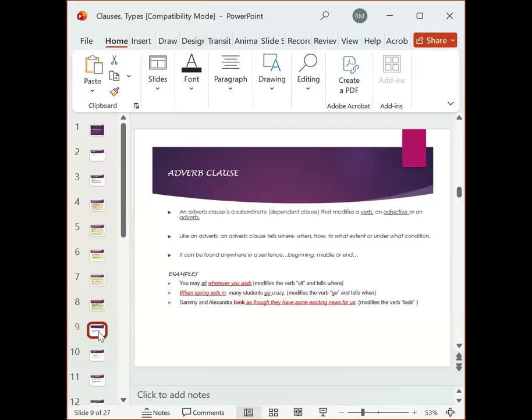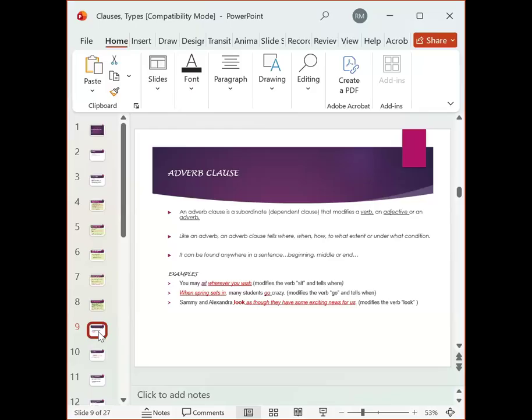Sammy and Alexandra look as though they have some exciting news for us. So, as though they have some exciting news for us is an adverb clause.